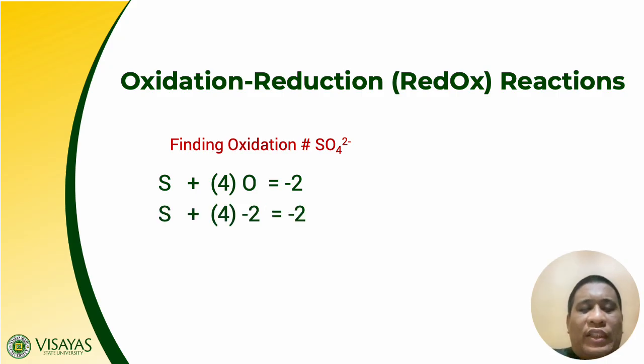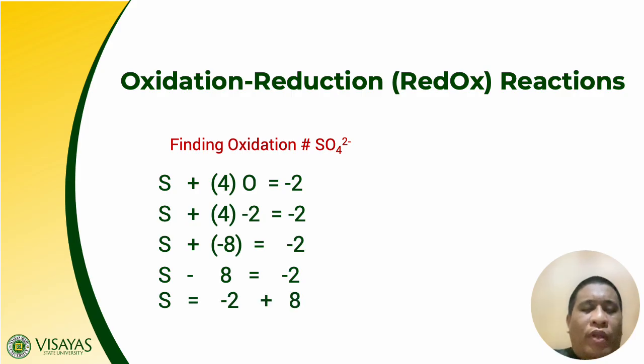We know that oxygen is negative 2, so we substitute that value. Then we get oxidation number of sulfur plus negative 8 is negative 2. Simplifying, we get oxidation number of sulfur minus 8 is equal to negative 2. Transfer minus 8 to the right hand side of the equation, and it becomes plus 8. So the oxidation number of sulfur is equal to negative 2 plus 8, which is positive 6. So sulfur here is positive 6.